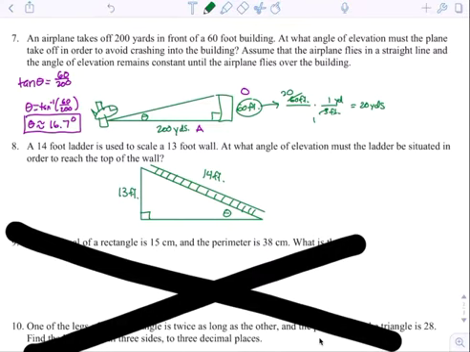So here's the angle of elevation, and now we just solve. So this is gonna be opposite and hypotenuse, so sine of theta is equal to 13 over 14. Do sine inverse of both sides, so we're going to get theta is equal to sine inverse of 13 over 14, and sine inverse of 13 divided by 14 is 68.2 degrees, so roughly around 68.2 degrees.